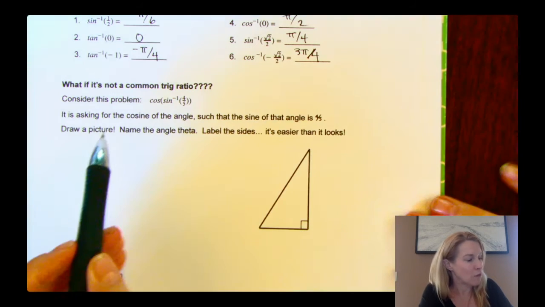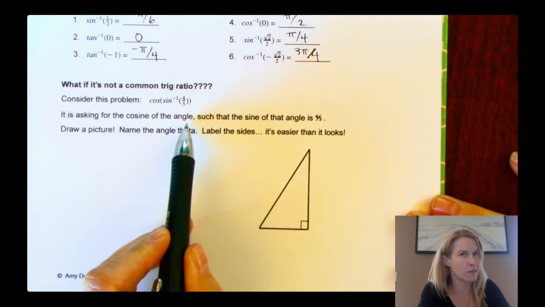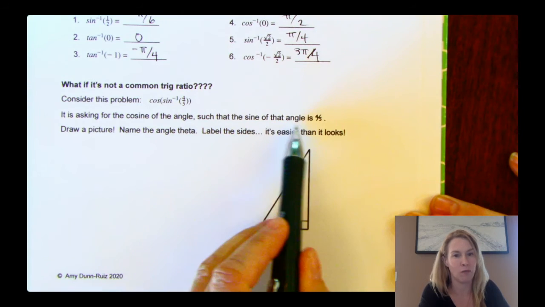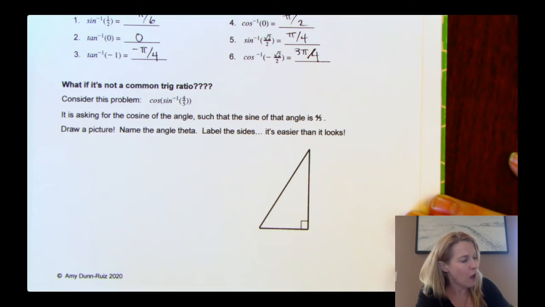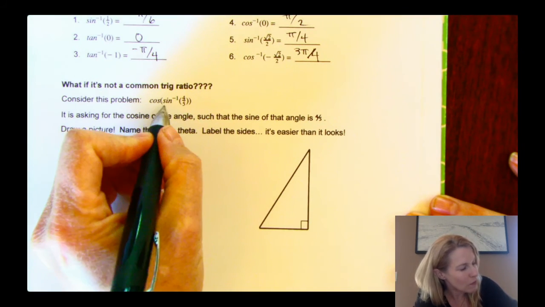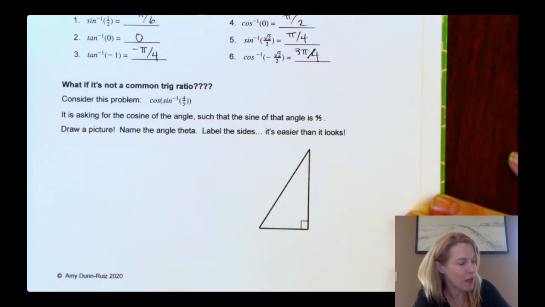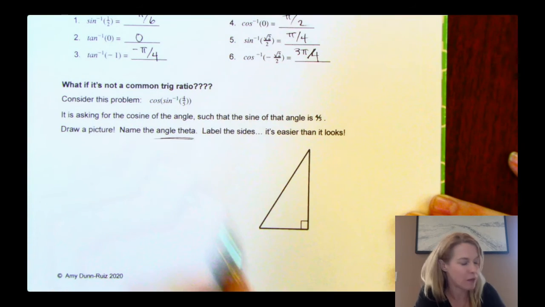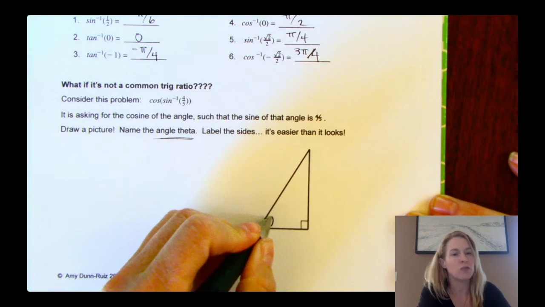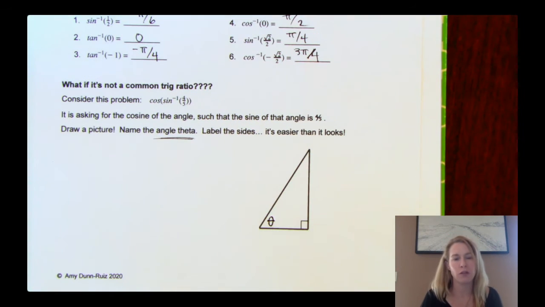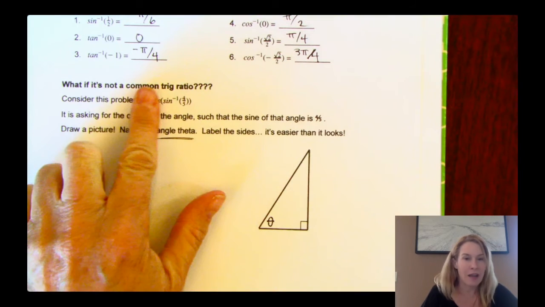So this is asking for the cosine of the angle such that the sine of that angle is 4/5. Well, I'm going to basically name the angle. We're going to name the angle theta, and I'm going to put theta right here. So just draw yourself a triangle. You draw yourself a picture, and let's set it up so that the sine of that angle is 4/5.